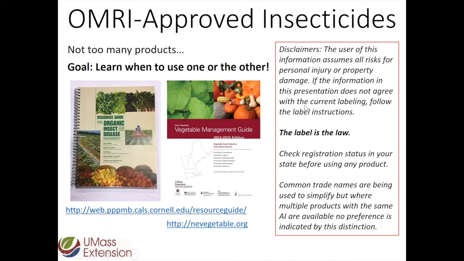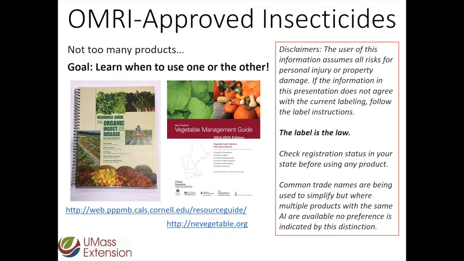So we are talking about pesticides here. I'm kind of simplifying things in order to compare the materials with each other, but always check the label before making an application. Different states have different rules about what pesticides can be applied and how.